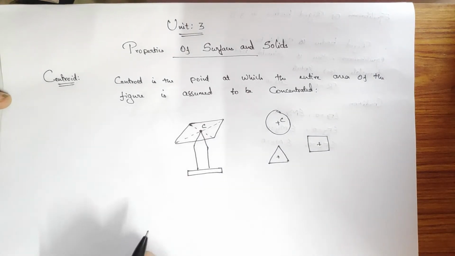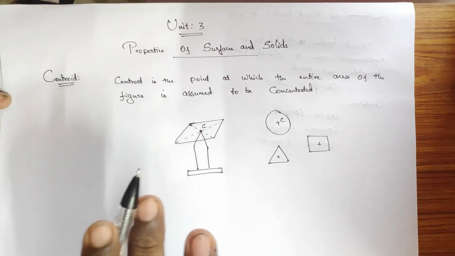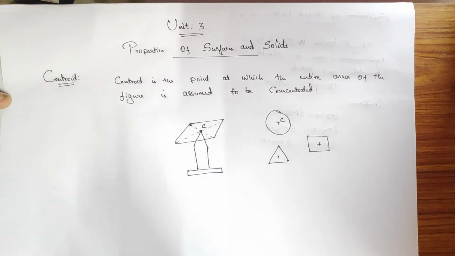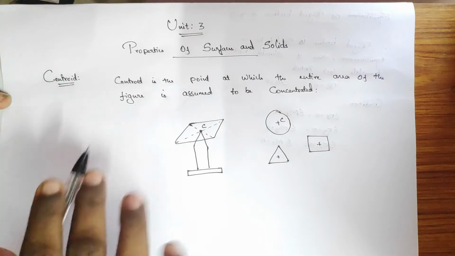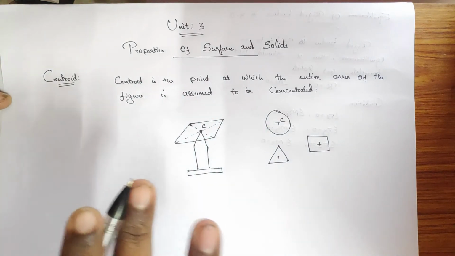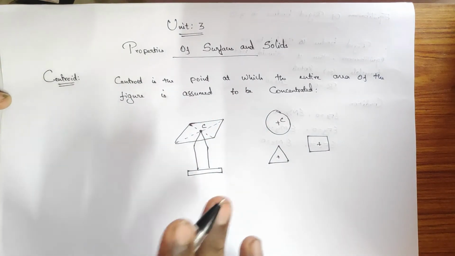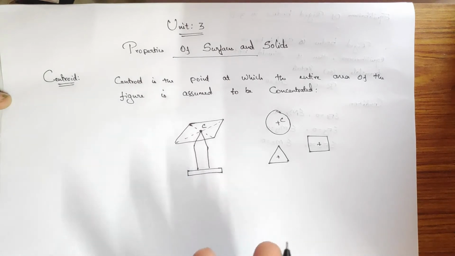So every object has a particular point at which the entire area of the plane figure can be concentrated or balanced. In this unit, under the centroid, we are going to learn the concept of centroid and how to calculate the centroid for different shaped objects and for combined objects.